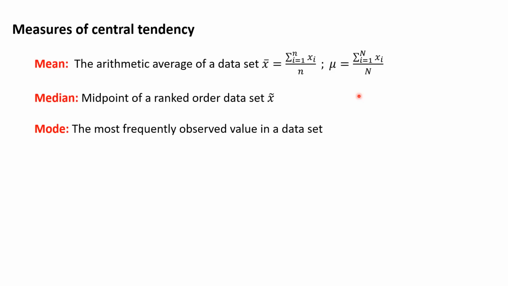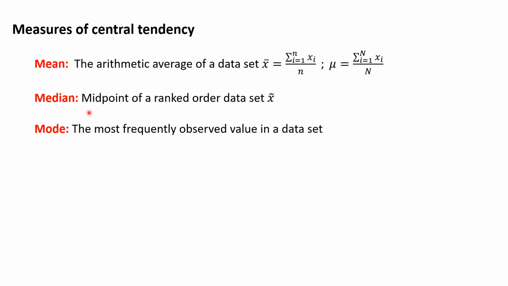So if we look at those measures of central tendency, like I said, there's mode, mean, and median. A lot of these are things that you already understand. So mean is just the arithmetic average: the sum of the data divided by the number of the data gives you X bar or mu, which are the averages or the means of a particular sample or a particular population.